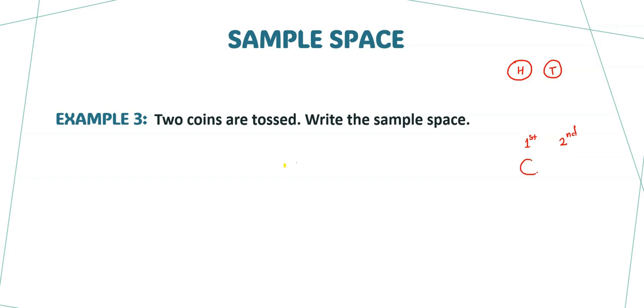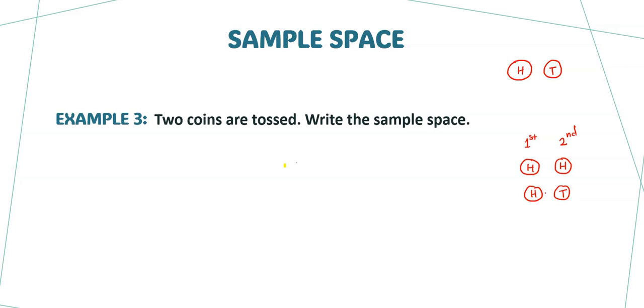When we toss the first coin, what is the possibility? The first coin shows head. And what is the possibility for the second coin? That it also shows head. Okay. What is the other possibility? The first coin shows head and the second coin shows tail.